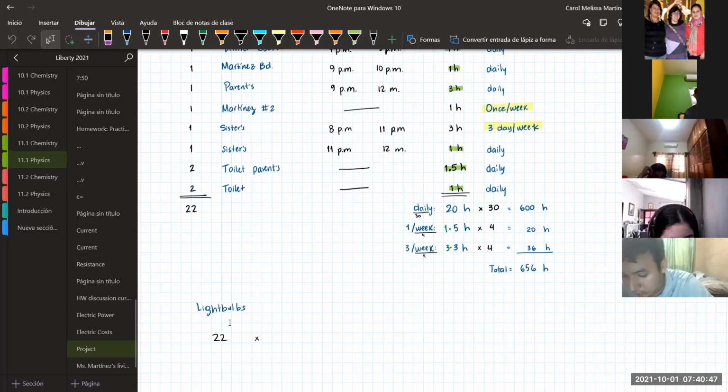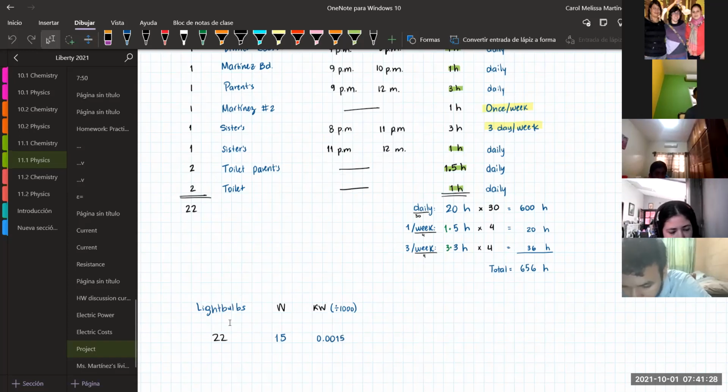En la siguiente pone los watts, ¿ok? Este light bulb normalmente tiene 15 watts, ¿ok? Después yo convierto esto a kilowatts, que es simplemente la respuesta que obtuve antes, ¿ok? Que sería entre 1000. Entre 1000 sería 15 entre 1000, sería 0.0015, ¿ok?